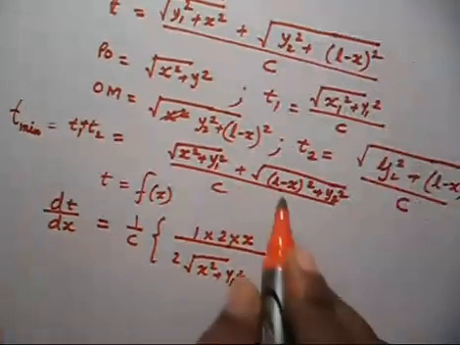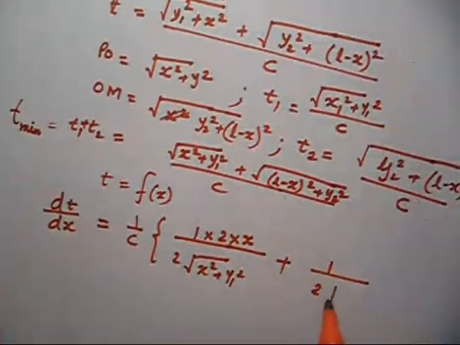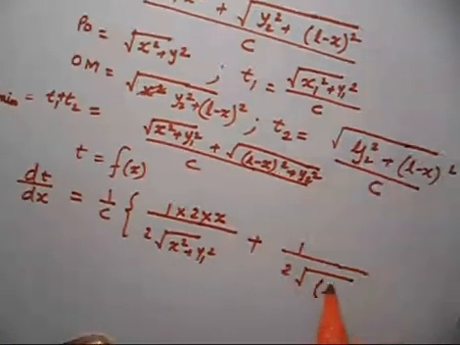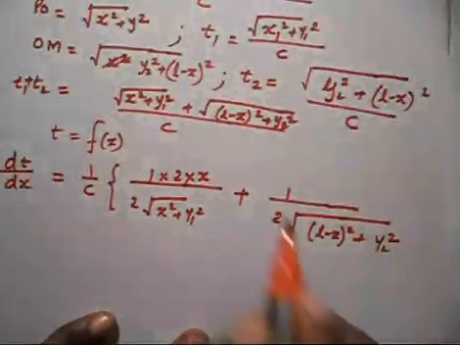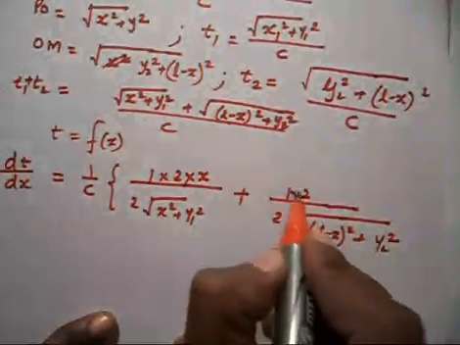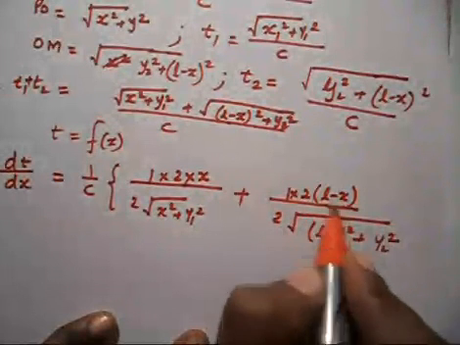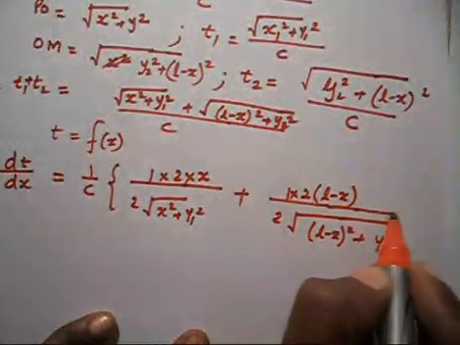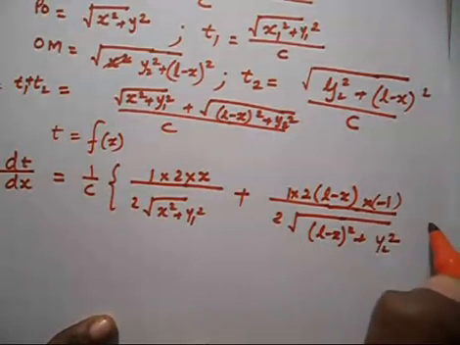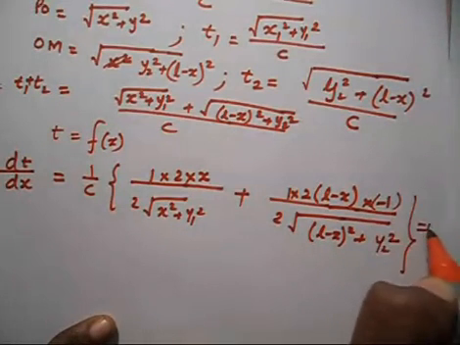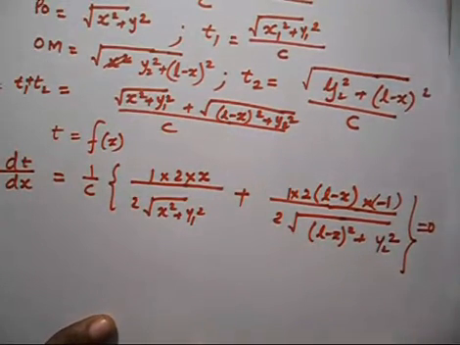Similarly here you will have 1 by 2 root over (L minus x) whole square plus h2 square, and then you will have 2 times (L minus x), and then you will have minus 1 for minus x. Are you getting it or not? Now this is the differentiation. If this time is minimum, this differentiation should be equal to 0.